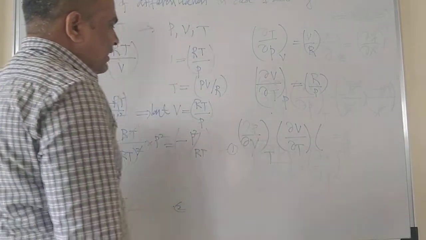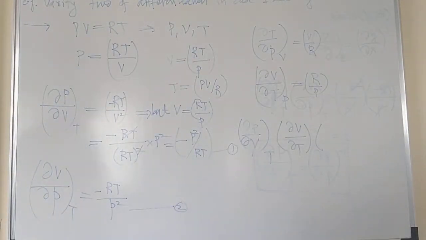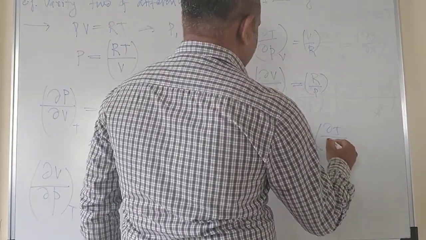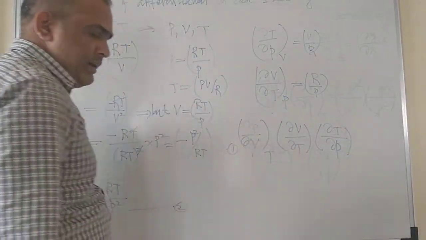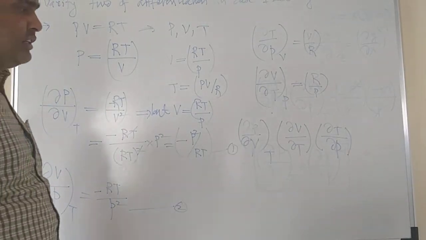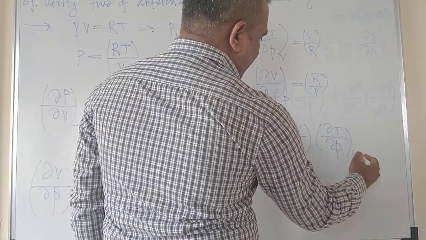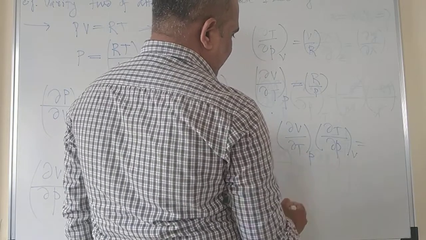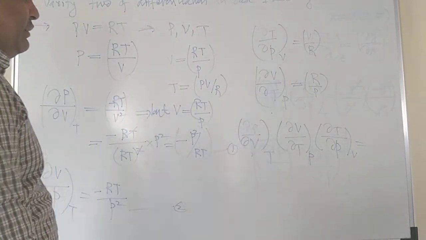And what is the third? PV, VT, now TP. So dou T by dou P at constant other variable. Here it is not V, so constant V. Which one is missing here? P, so P is constant here. And take the multiplication of all.